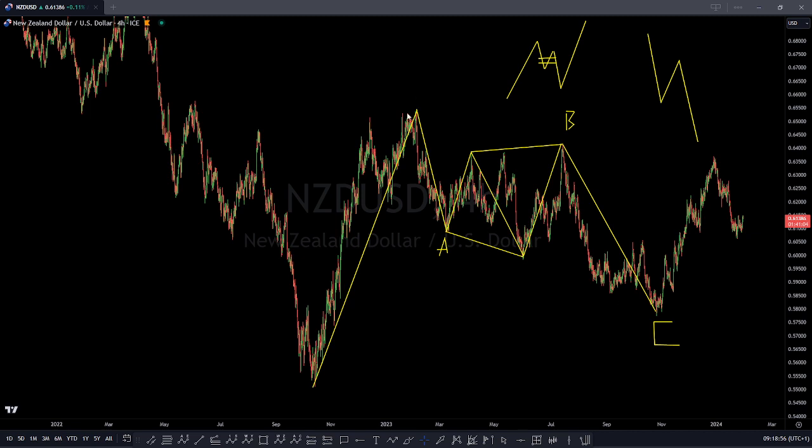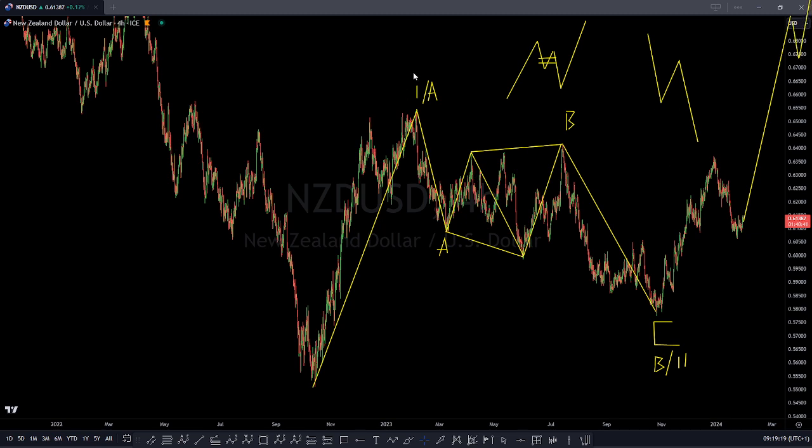Now, this impulsive move can be your wave one or it can just be your wave A. If that's the case, this ABC could be completing a bigger wave B in a bigger degree, or this could just be your wave 2. If it's a wave 2, that would mean you're going to get a 3, a 4 and a wave 5.